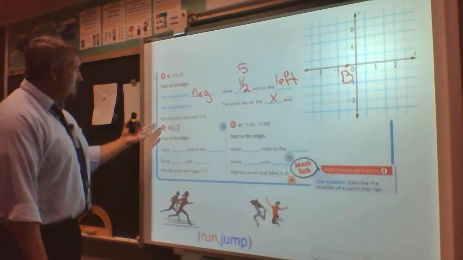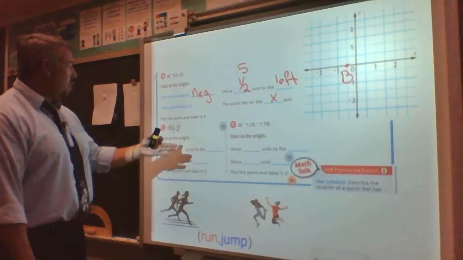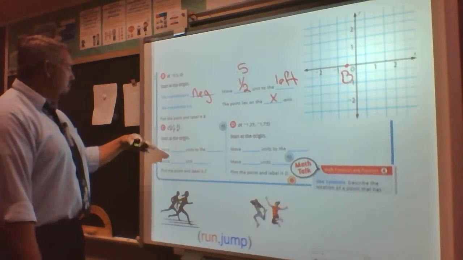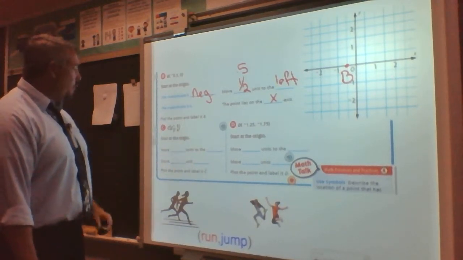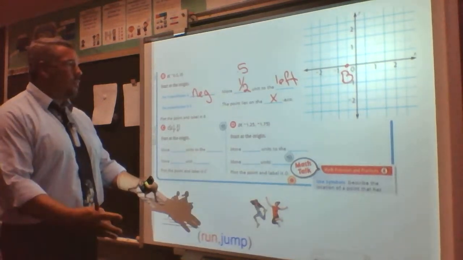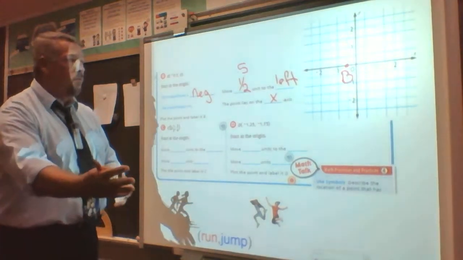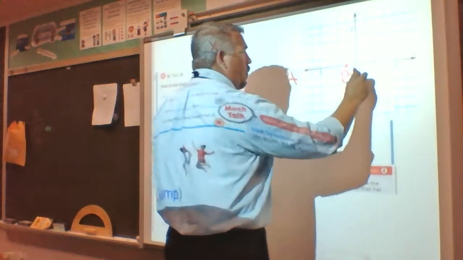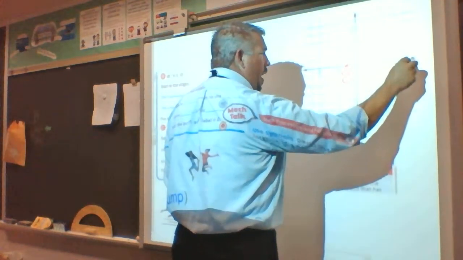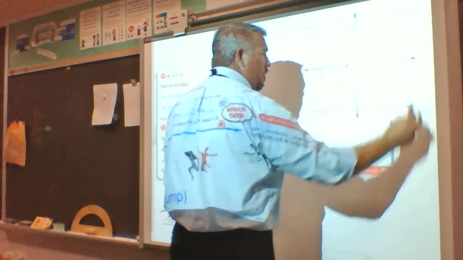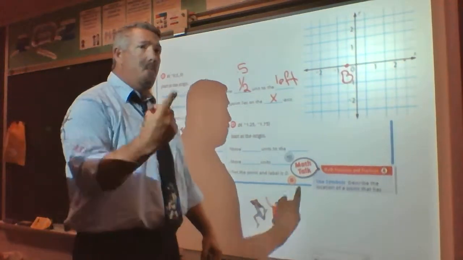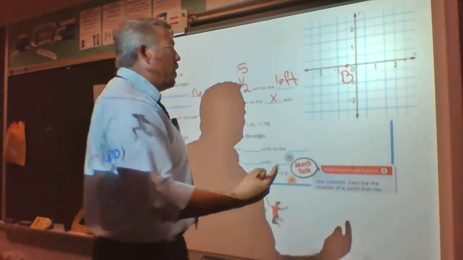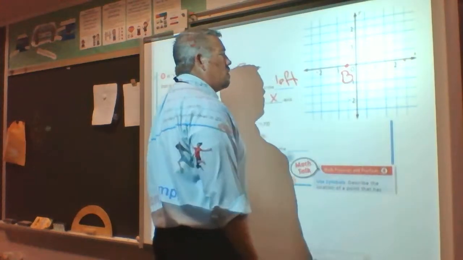My last one then, it says plot the point and label it C. 2.5, 3/4. So 2.5, so positive. So I'm going to run forward. 1, 2, and then my half would be the line in between. And then it says 3/4. So I know I'm going to jump up because it's a positive number. 3/4.